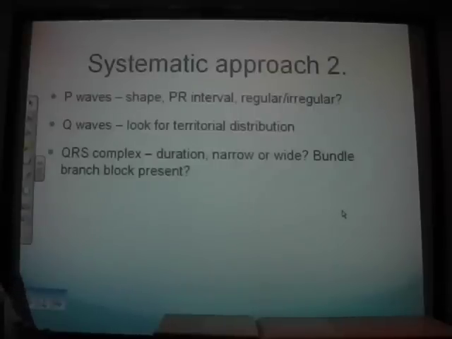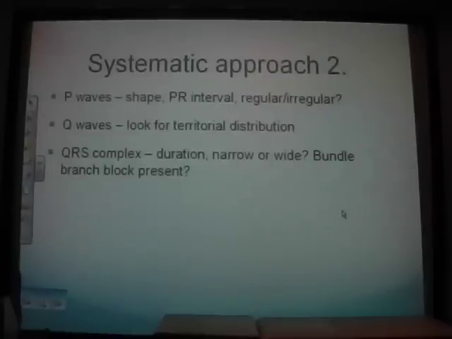And the QRS complex. How long should it be? It should be no longer than 3 small squares. Then you want to know if it's narrow or wide, and if bundle branch block is present. Can anybody tell me what left bundle branch block looks like?